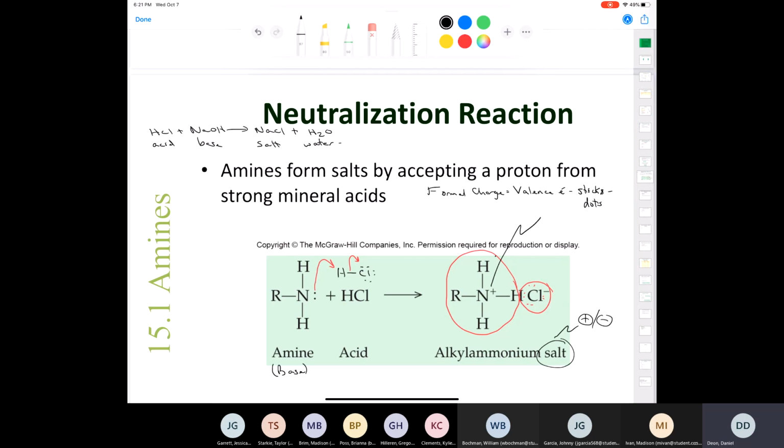Dots are the same thing as unpaired electrons. Well, this nitrogen has 5 valence electrons. It's got 4 sticks, 4 bonds. We call those sticks. And it's got 0 lone pairs. So 5 minus 4 minus 0 gives us +1, and that's why the nitrogen has a +1 charge.